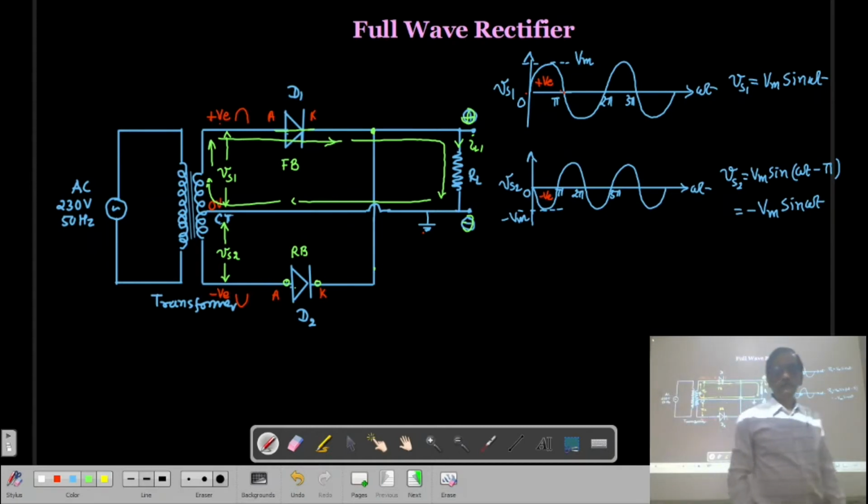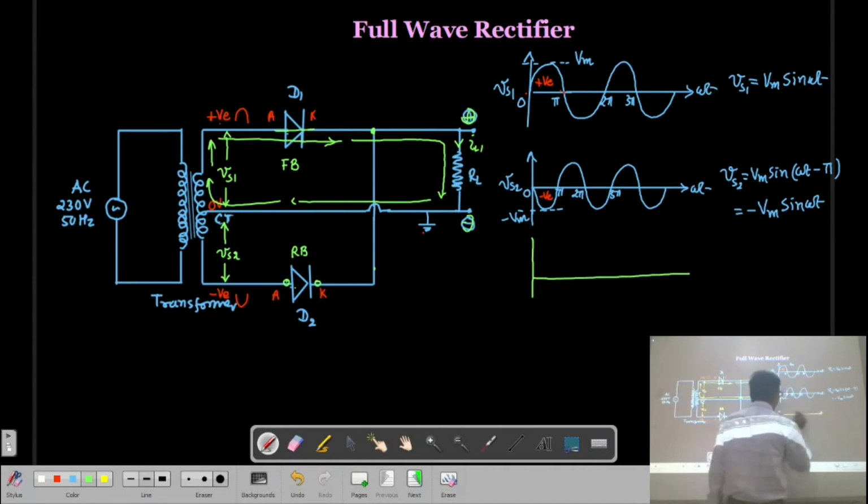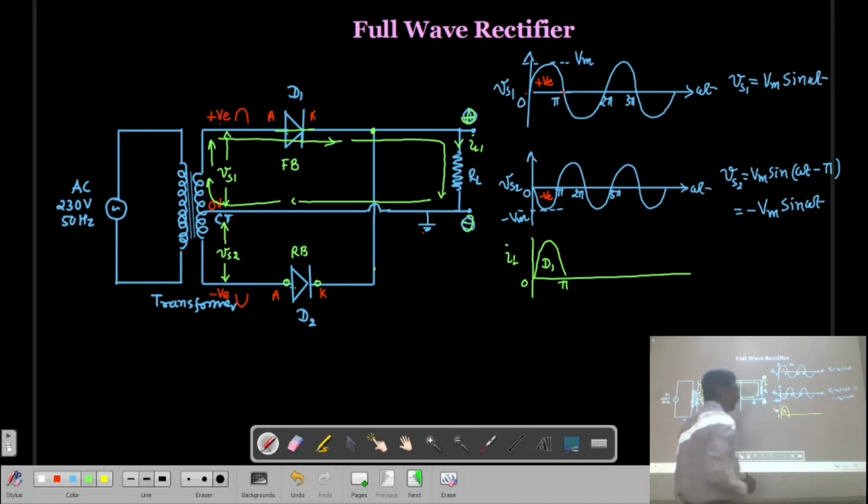So during the positive cycle, diode D1 is in forward bias, D2 is in reverse bias. As a result, the current is flowing in the load resistance RL, and if you see this waveform, you will get this current between 0 to pi, and this is due to the diode D1. Here I am going to draw the waveform for the load current IL.